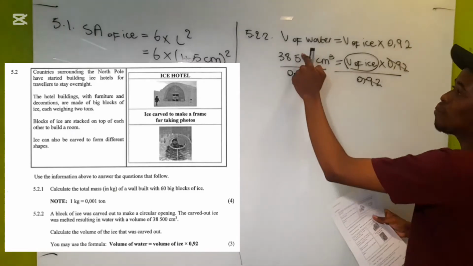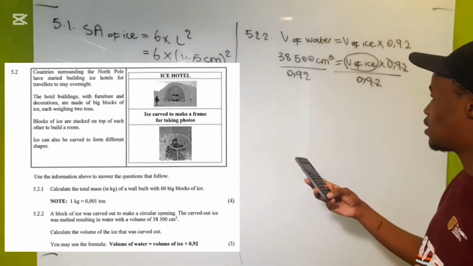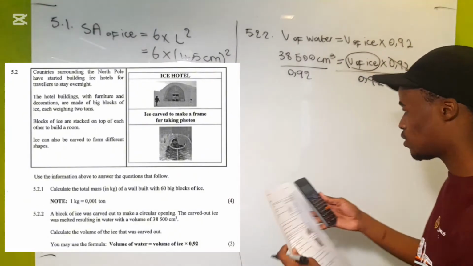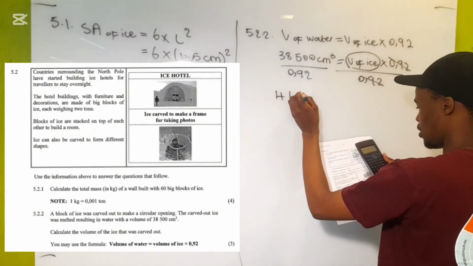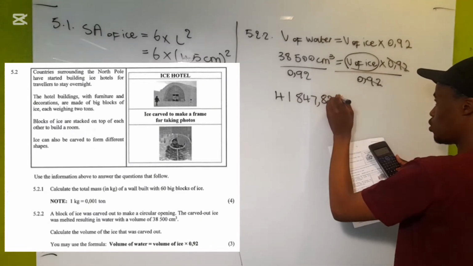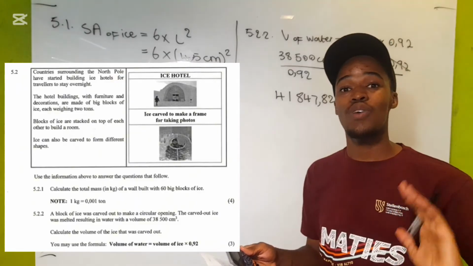Okay, so here we're going to say 38,500 divided by 0.92. That gives us a total of 41,847.82609. Do not forget that this is not your final answer, so you write it as it is.